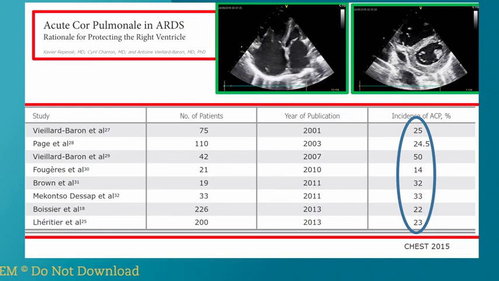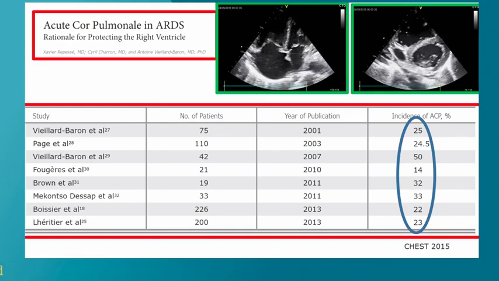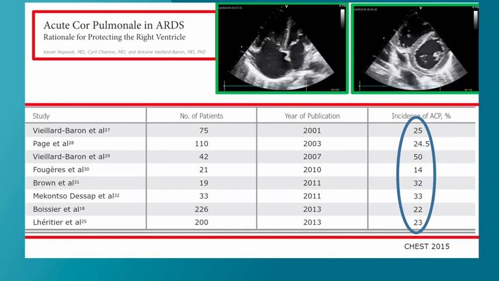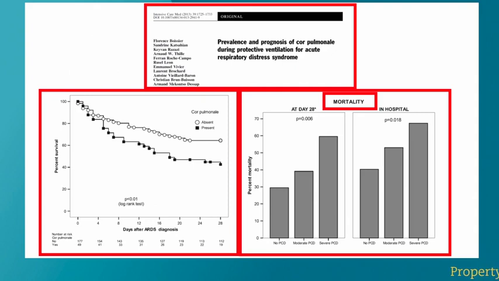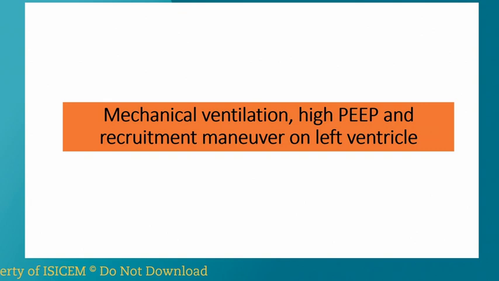And the problem is that with all these effects, you may induce an acute cor pulmonale in 25 to 50% of cases, and it affects the mortality. If you have an acute cor pulmonale, you will increase the mortality, despite maybe improving the survival by improving the lung. But by inducing acute cor pulmonale, and the more severe the acute cor pulmonale, the higher the mortality of the patient. But you don't have only an effect on the right ventricle. You have as well an effect on the left ventricle.